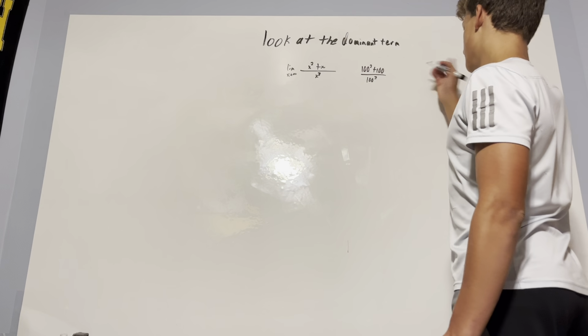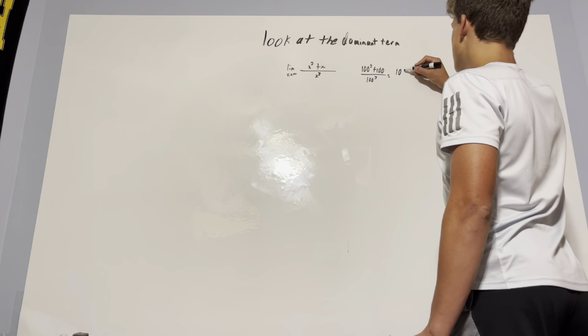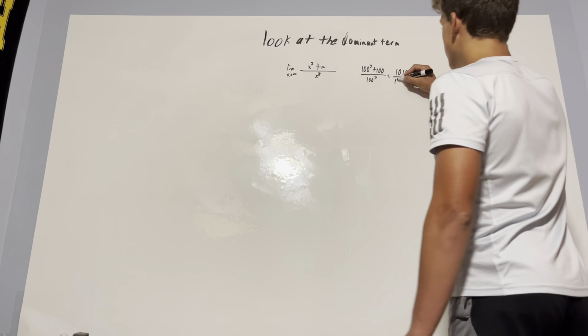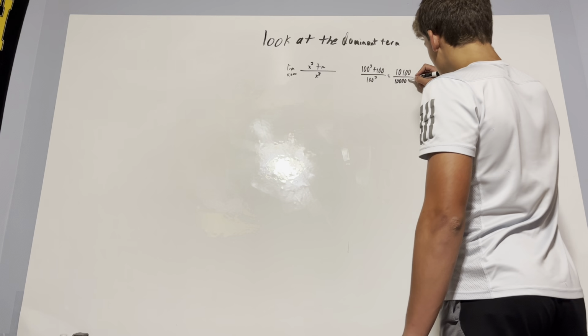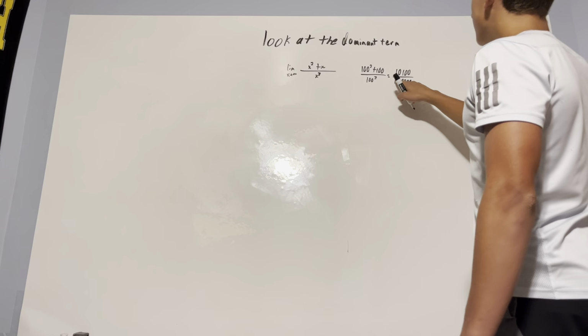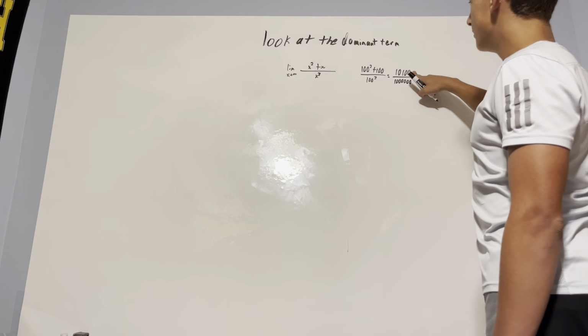Well, let's see, what's this going to be? We're going to have 10,100 over 100 cubed. Oh man, so that's going to be 1,000,000. One more 0. And as you can see, this denominator is much larger than that numerator.